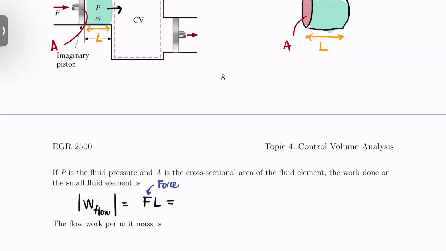So force due to pressure is P times A. So we have P times A times L. And then we might notice here that A times L is our volume, right? So this is equal to volume. So we end up with P times volume. Or we could write this as P times M times the specific volume.